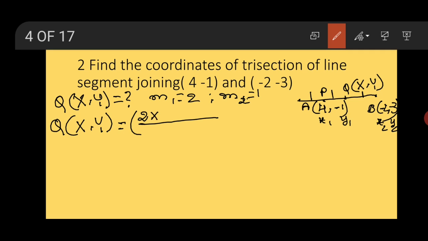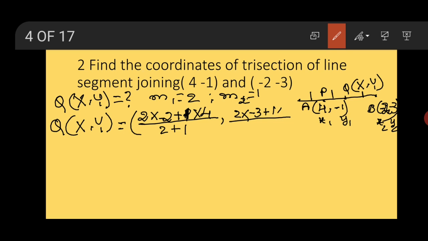So M1 into X2: M1 is 2 into X2, X2 is minus 2, plus M2, which is 1, into X1, X1 is 4, divided by M1 plus M2.